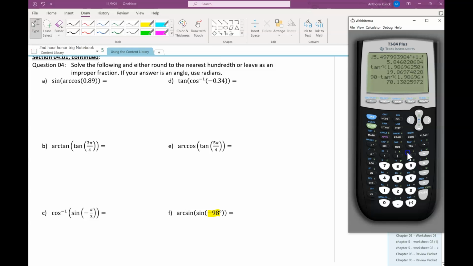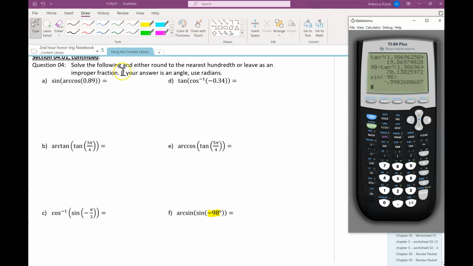Anyways, so Alyssa, are you still doing okay with my observation there? Yes. Okay, so I'm just going to do this in 2 stages. Inside my calculator, I'm going to do the sine of negative 98 degrees. To do that, I need to be in degree mode. So sine negative 98. I get negative 0.99 and change. And then if I want to do sine inverse of that, it's going to give me an angle measure.